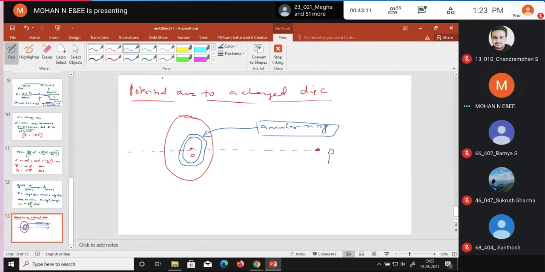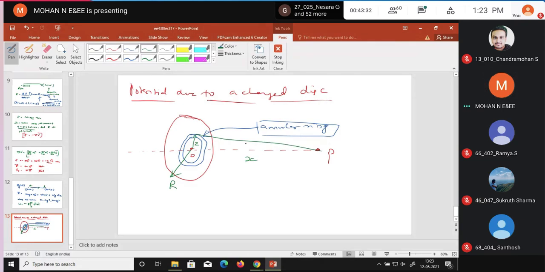The radius of the disk is r, and let the radius of the annular ring be z, and the distance between O and P is x.